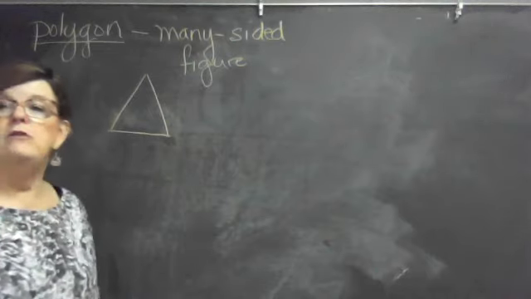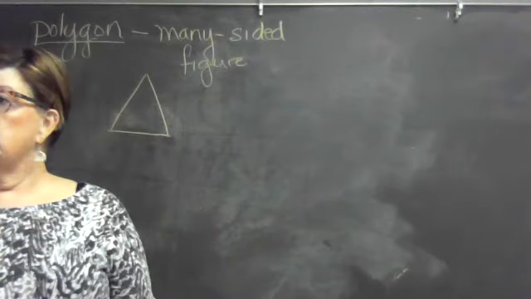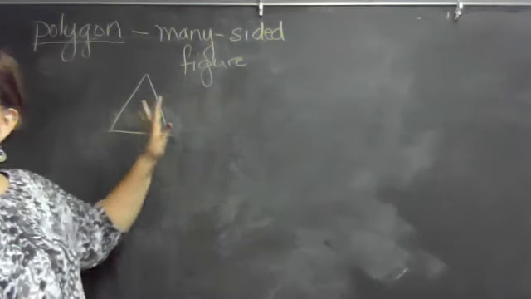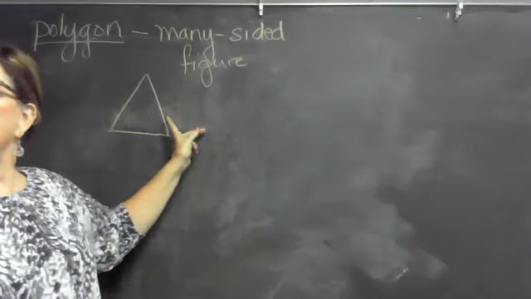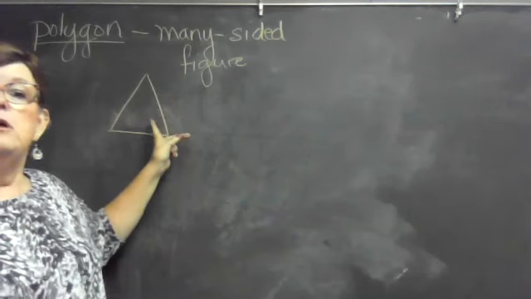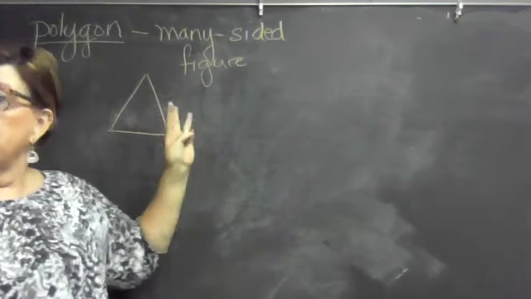Polygon is a many-sided figure, and you name the polygons by how many sides there are, okay? I know that you know this from grade school, but I'm not trying to talk down to you. A many-sided figure has side, side, side, three sides.